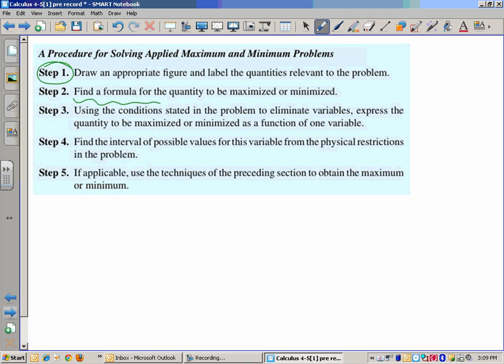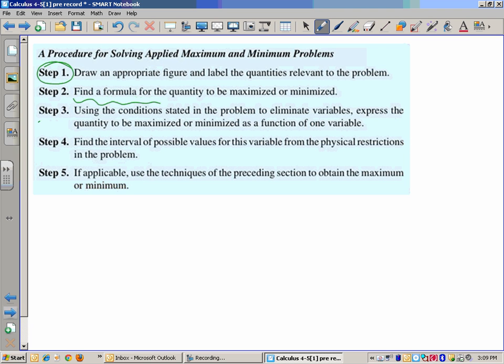The third thing we want to do is consider the conditions stated in the problem, which means throw things out, figure out what maximum or minimum for a certain quantity is. For example, I can't have a length of 0. That's no length. Okay, so 0 is going to be an option to throw away.